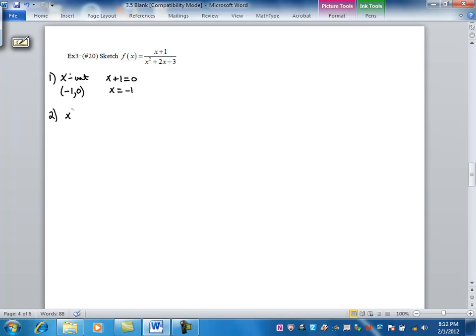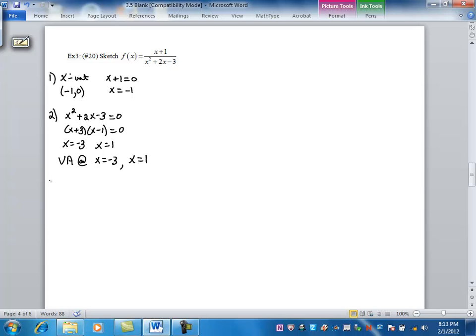Well, where is the denominator equal to 0? (x plus 3)(x minus 1) equals 0, so x equals negative 3, x equals 1, and those are the equations of my vertical asymptotes. I've got vertical asymptotes at x equals negative 3 and x equals 1.